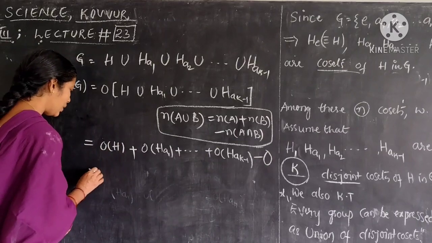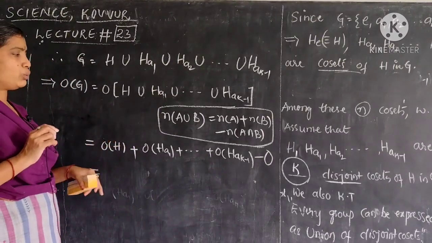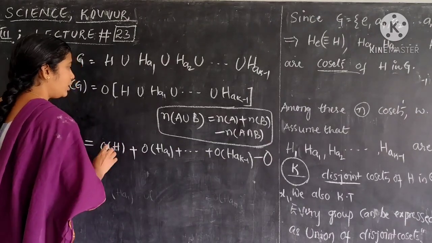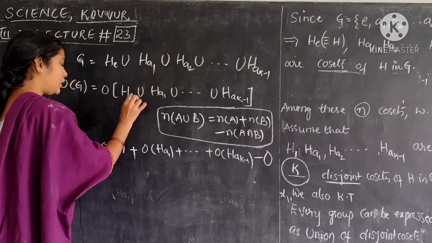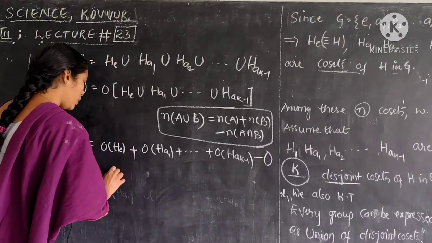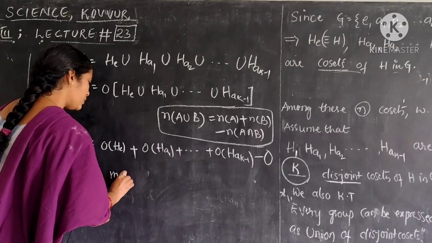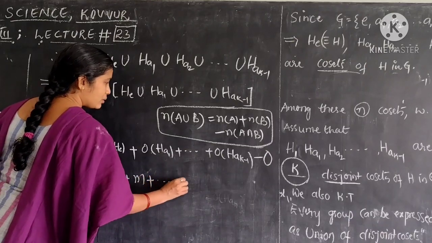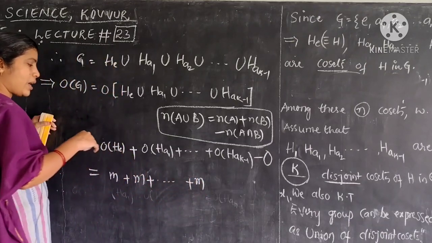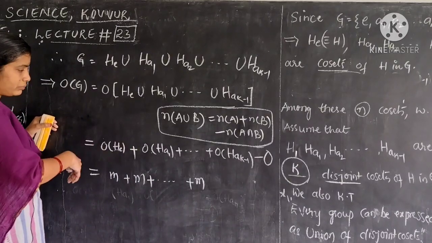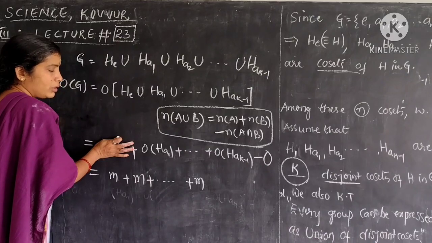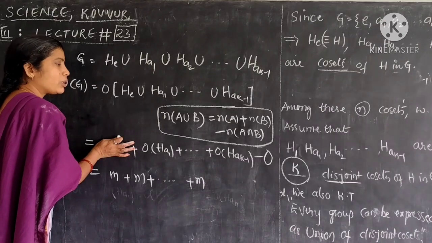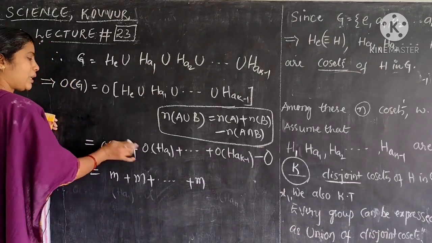Now what is this value equal to? From equation 1, the order of H is equal to m, isn't it? Plus the order of Ha1 is also m, plus and so on, m. How many times is it added? Calculate. Set aside the first one and count the others: Ha1, Ha2 and so on, Ha(k minus 1), that means they are k minus 1 cosets plus another coset.